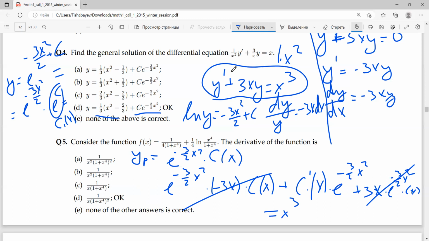Now we need to find c prime of x. What is c prime of x now? c prime of x equals x cubed multiplied by e to the power of minus 3 over 2 x squared.